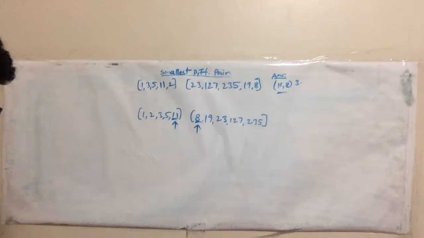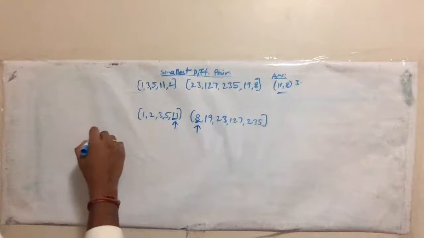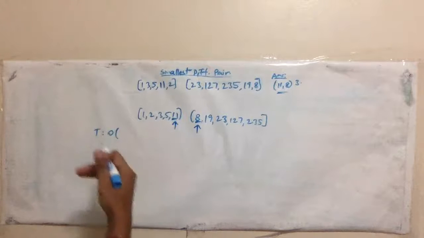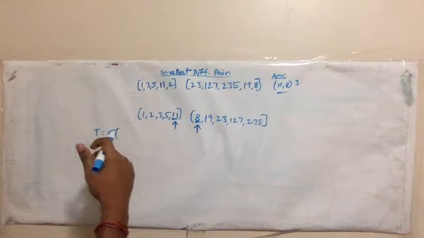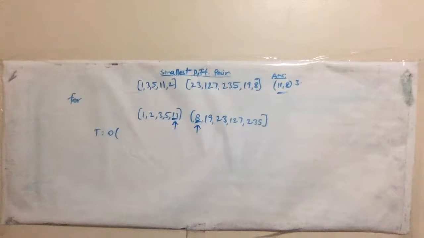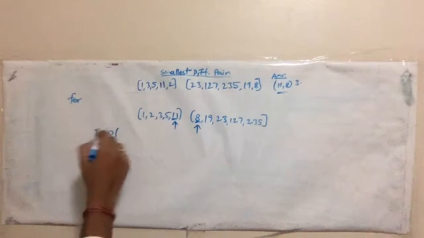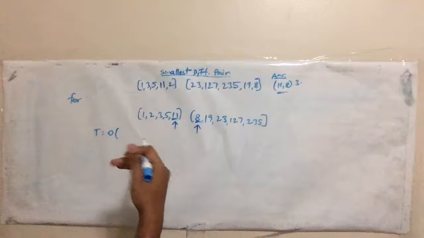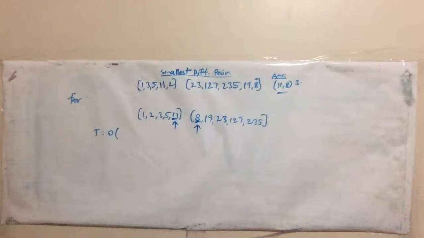Okay, so what are the time and space complexities? So for time complexity, we are iterating through a loop, and the if conditions will be there.